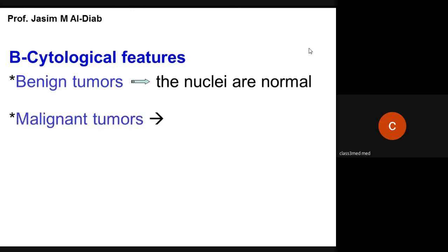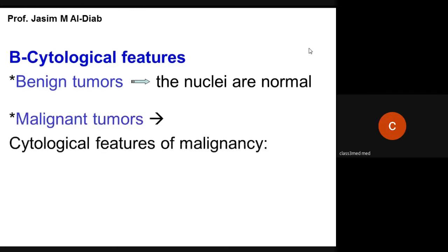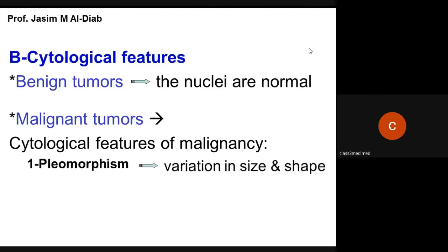While in malignant tumors, there are features. We call these features cytological features of malignancy. The first is pleomorphism, and pleomorphism means variation in shape and size of the tumor cells.